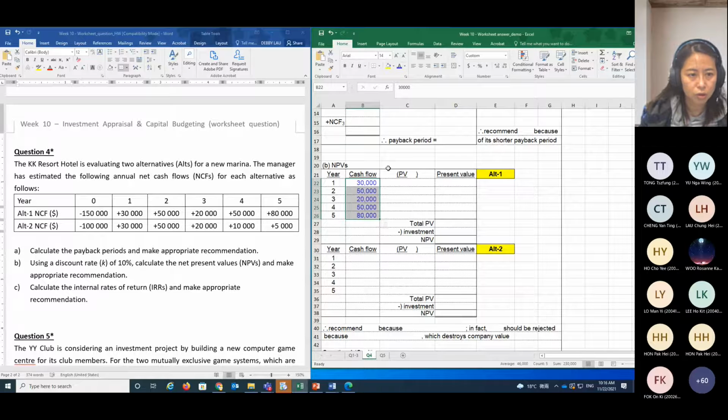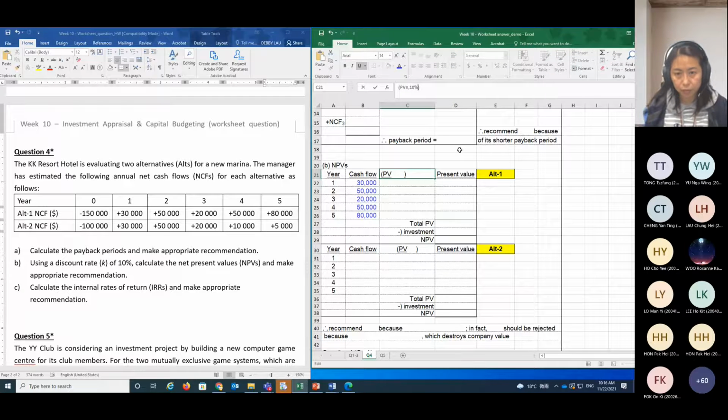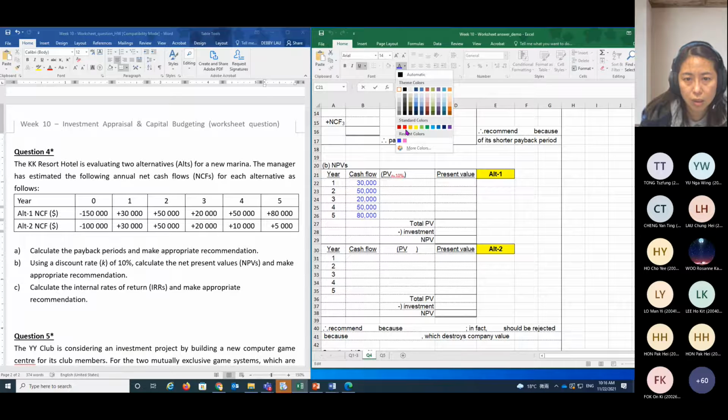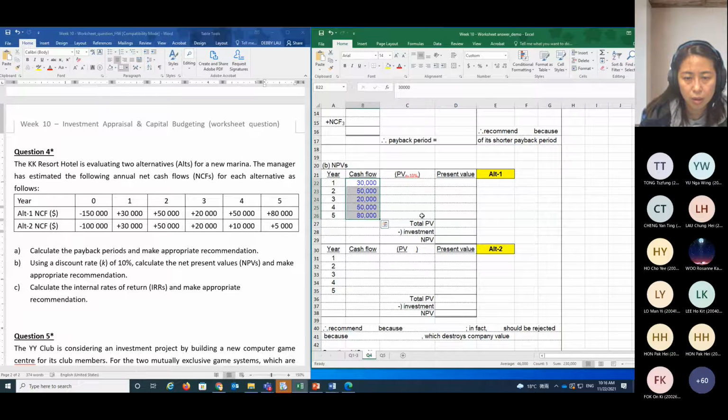Okay, since the cash inflows are not the same amount in these 5 years, so we have to calculate with the PV table.